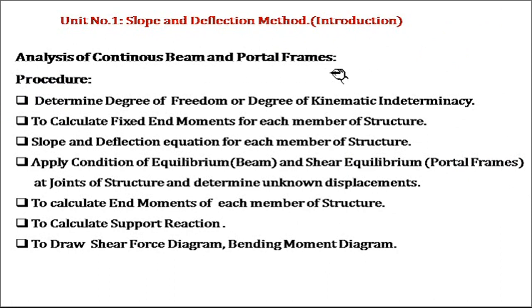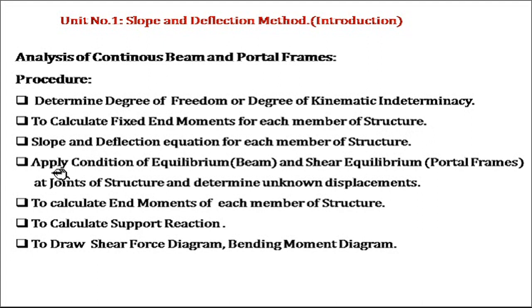Analysis of continuous beam and the portal frame. The first step is to determine the degree of freedom. Second step, to calculate the fixed moment for each member of a structure due to the given load. Next step, slope deflection equation for each member of a structure.